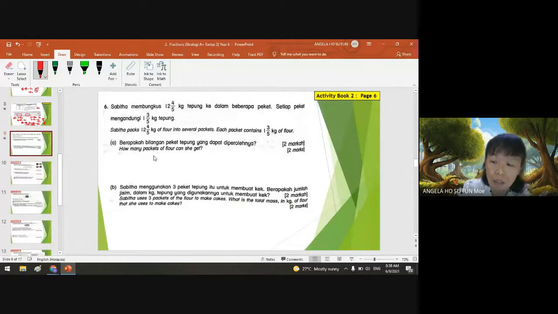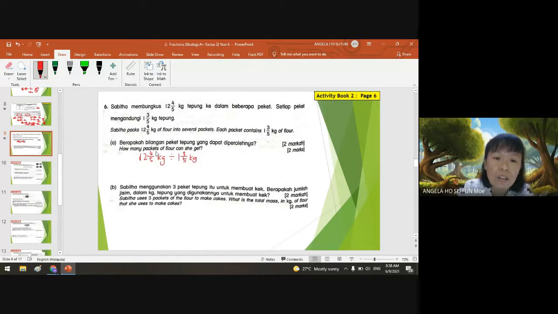So here, you know that is going to be division. Redo again. This one is 12, 4 over 5 kg. I'm going to divide. One packet is 1, 3 over 5 kg.